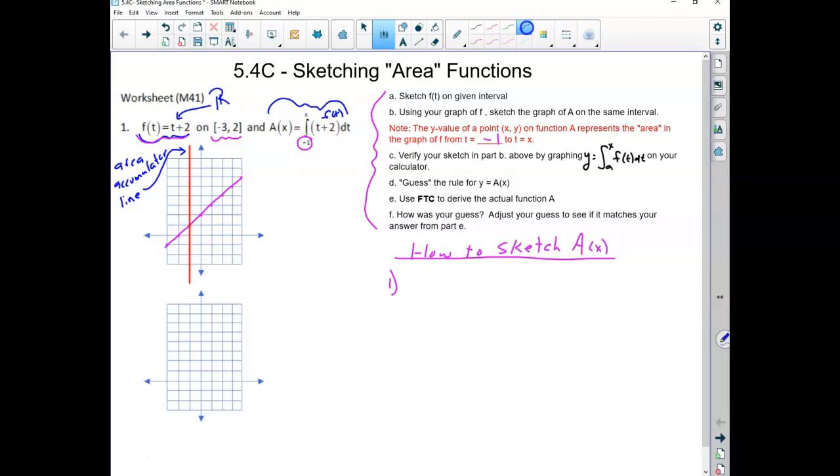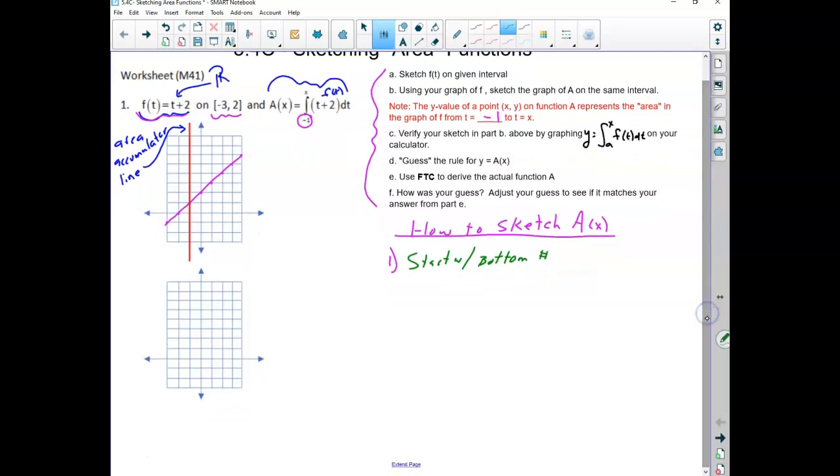So when I'm doing my area accumulator line, I'm going to do most of these in green now. We are going to start with the bottom number. Now, when I'm starting with the bottom number here, I know you might be confused, I understand that. We are going to find A of -1.